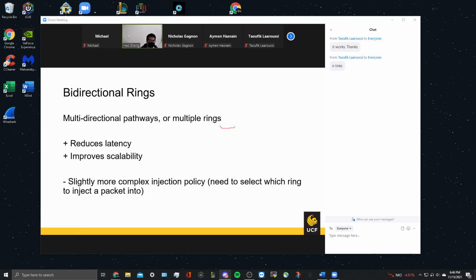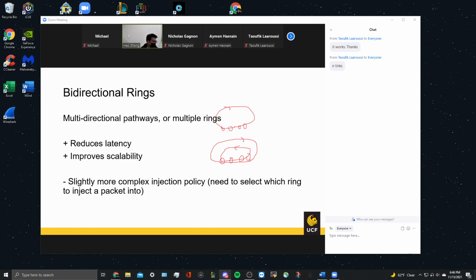So usually you have a single direction ring, right? To connect 4 nodes. And right now you have bidirection. You still have 4 nodes. But we can either go this way or we can go this way. 2 wires.